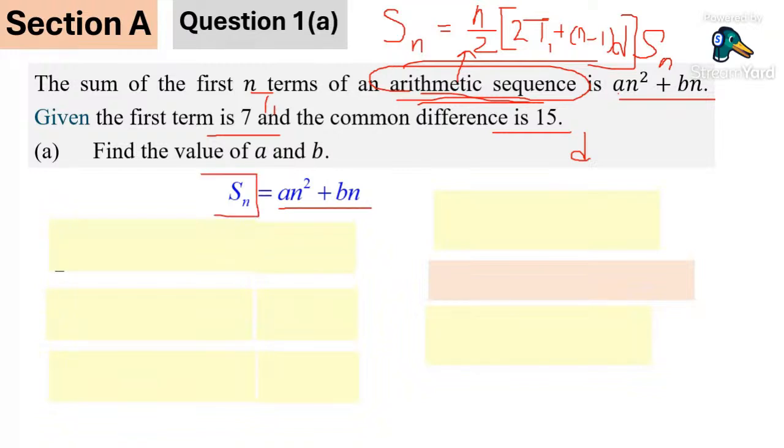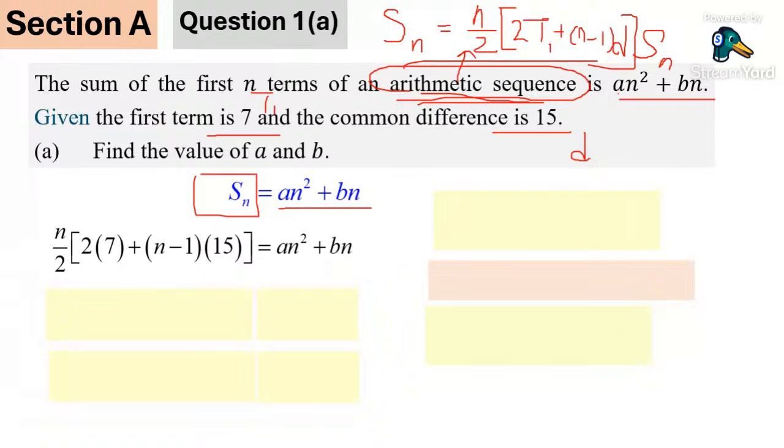On the left-hand side, it will be the Sn that we calculate based on the Sn formula for arithmetic. Therefore, n over 2, 2 times 7, the first term is 7, plus n minus 1 times 15 equals an squared plus bn.